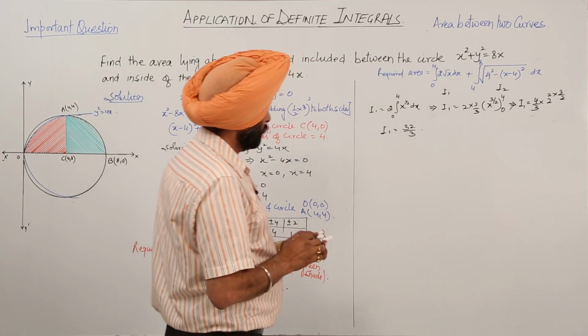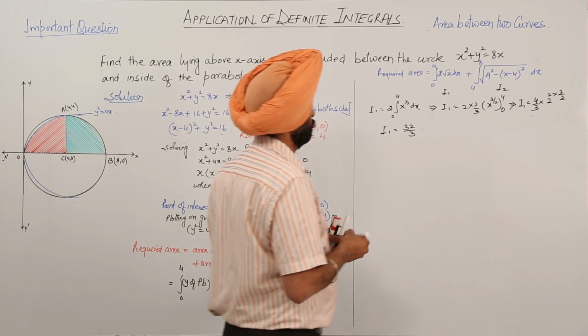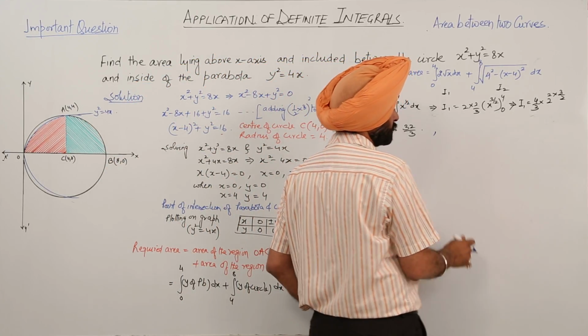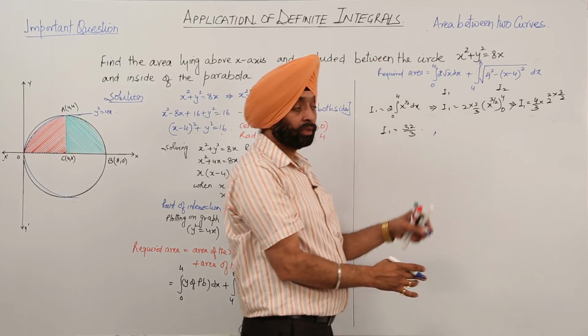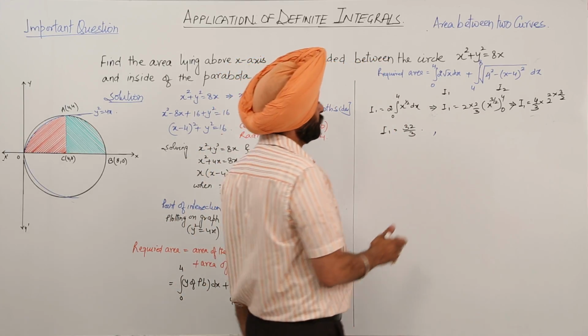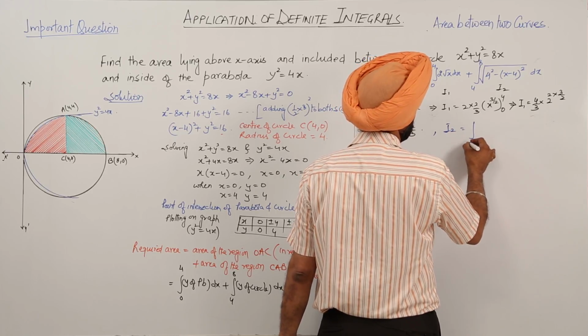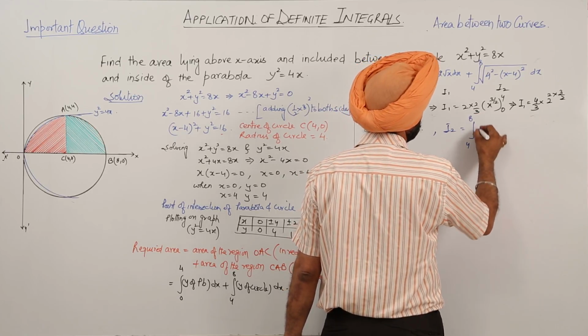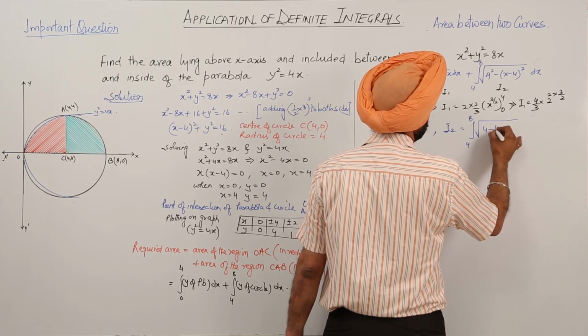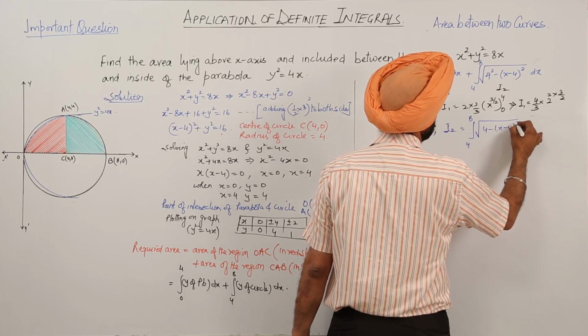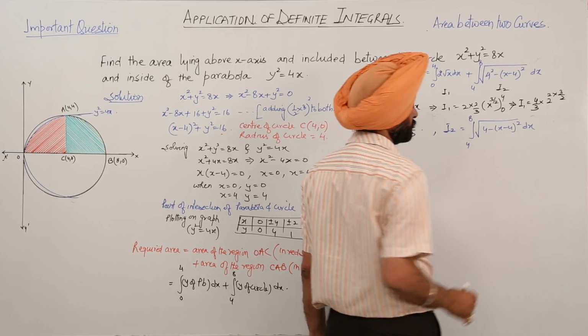Now I2. I am just utilizing this space, but you have to do it like this only. Now I2, the integral from 4 to 8 of root of 4 square minus (x minus 4) whole square dx.